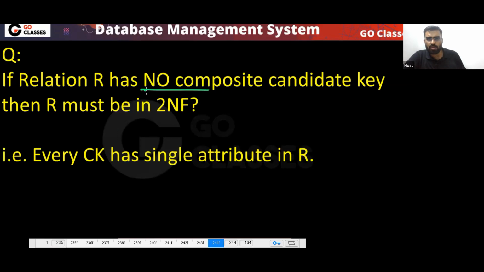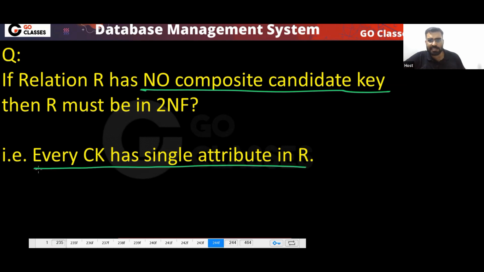If there is no composite candidate key, meaning every candidate key has a single attribute, then it should be in 2NF. Yes. Why? Because a proper subset of a candidate key is not there, so you cannot have this type of partial dependency. So the answer is yes.